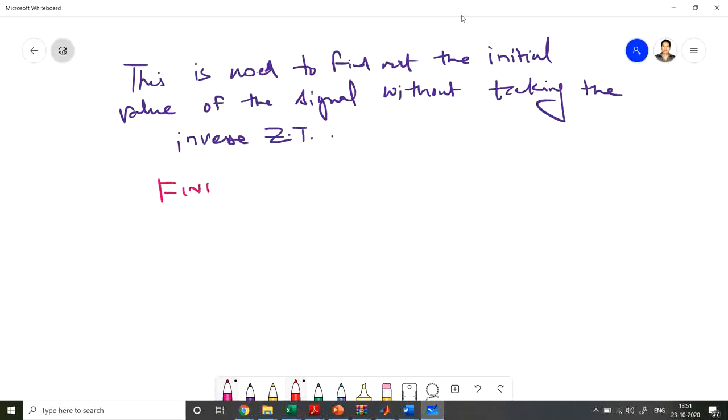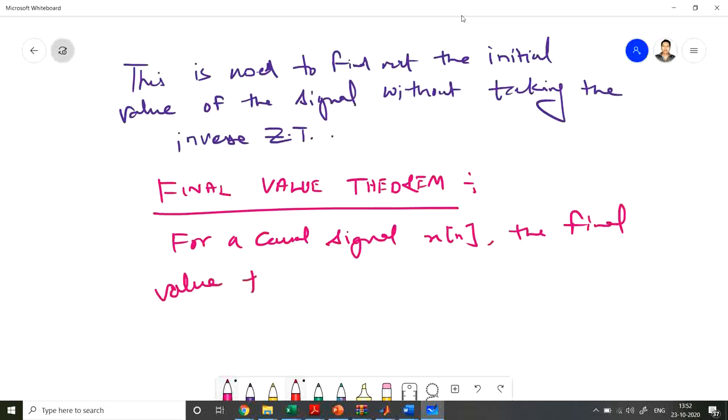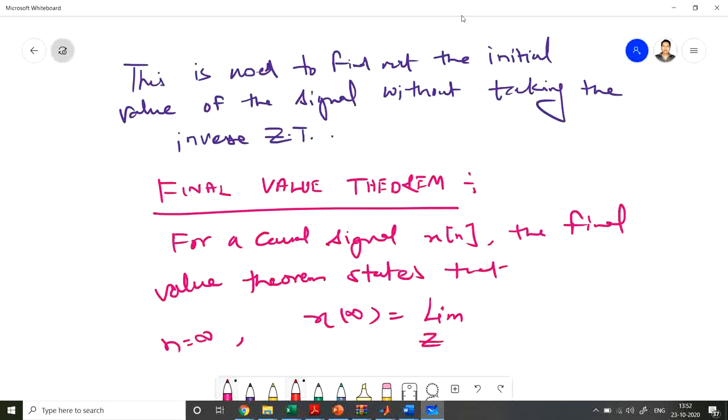Now another is the final value theorem. For a causal signal x(n), the final value theorem states that x(infinity), that is the final value at n equals infinity, is nothing but the limit z tends to 1 of (z minus 1) into X(z).